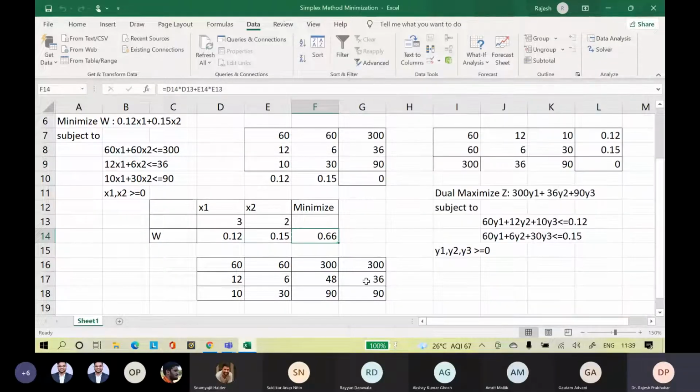I think we have to give these values only, right? So these are the actual values. I didn't write the maximization problem. I just kept it as a minimization problem only. 60, 300, 60, yeah. So we got 0.66 and 3 and 2. Minimize. The only change is we have to use greater than equal to instead of less than equal to, right?